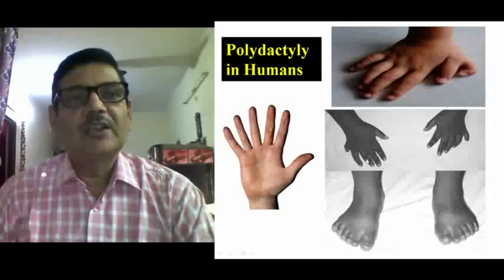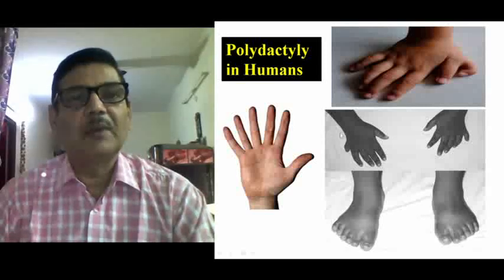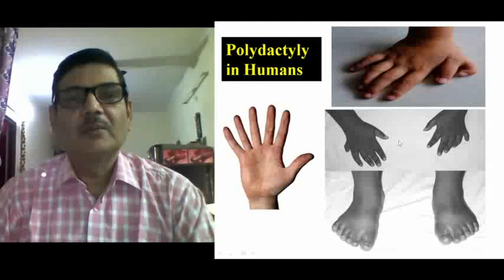So it is a case of polydactyly, and we can see that there could be parents having the polydactyly condition, meaning one of the parents may have this trait, and such parents may have children with polydactyly if the dominant allele is inherited by the next generation.